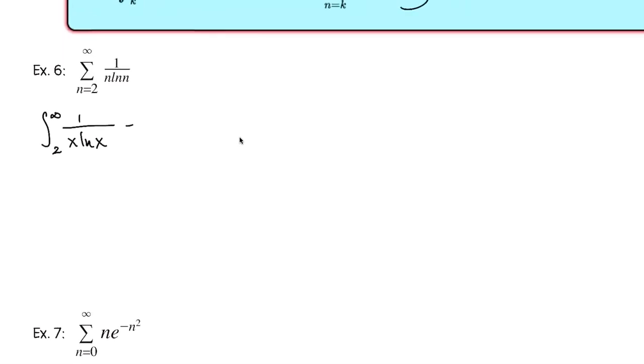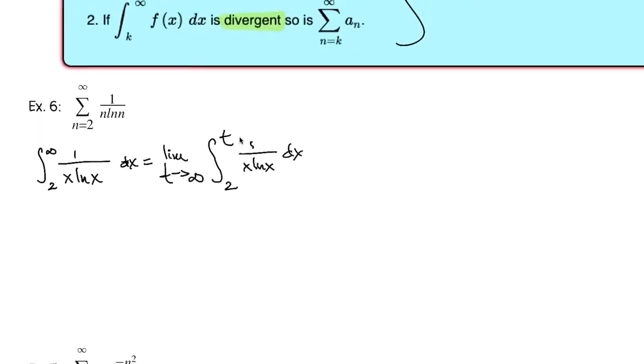So let's take our improper integral. We've got the limit as t approaches infinity of the integral from 2 to t of 1 over x natural log x. And this integral, we can use a simple u sub. So u equals natural log x, du equals 1 over x dx.